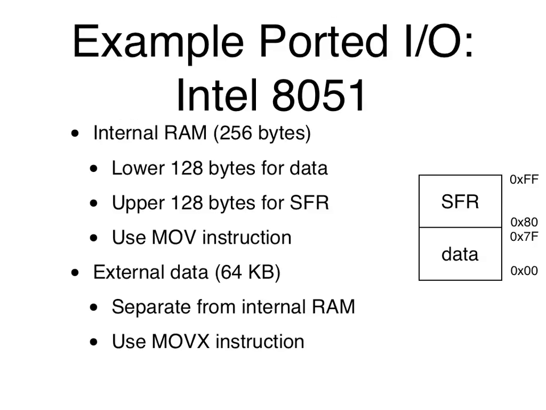Now, internal RAM is using a 1 byte pointer, which means it has 256 possible locations. It's divided into 2 parts. The lower 128 bytes of space is for data. That includes its stack. Now, the upper 128 bytes is really for SFR, or special function registers.